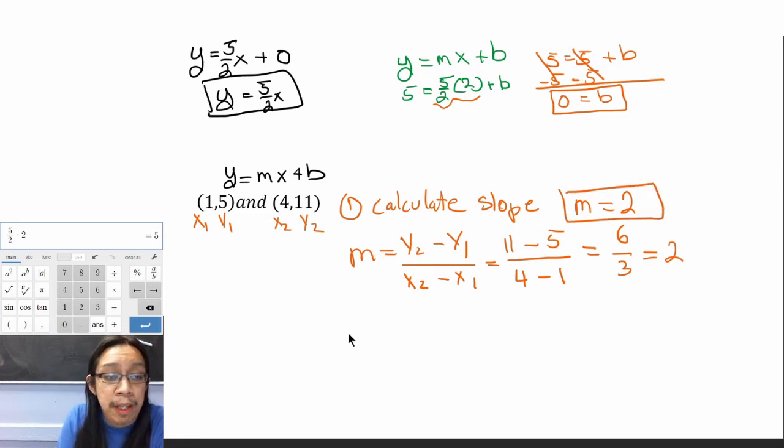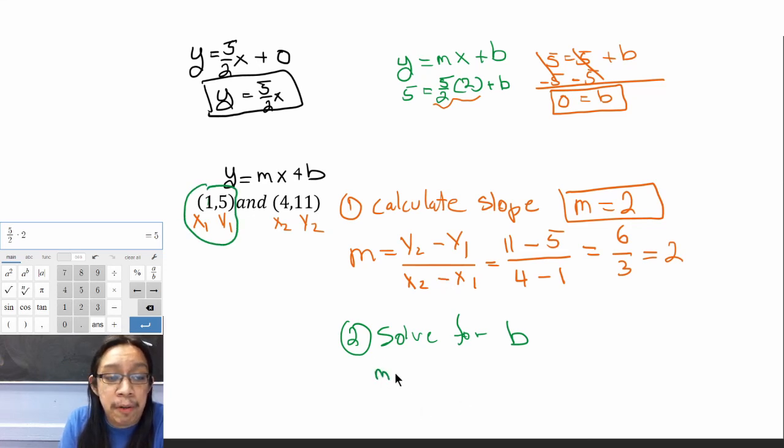Step 2 is that we want to solve for b. Now, part of this is that you have to choose a point, x and y, from the points that are given to us. So in this case, you can either choose (1, 5), or you can choose (4, 11). I'm just going to go ahead and choose (1, 5) because the numbers are smaller. So let's identify what we know.